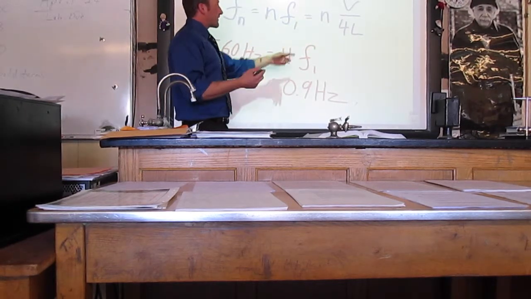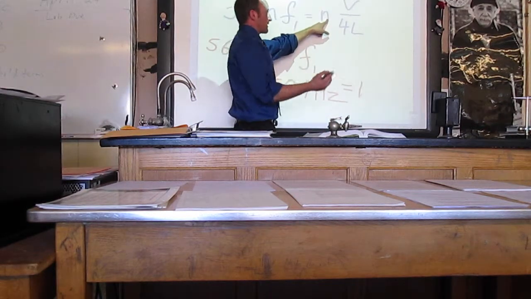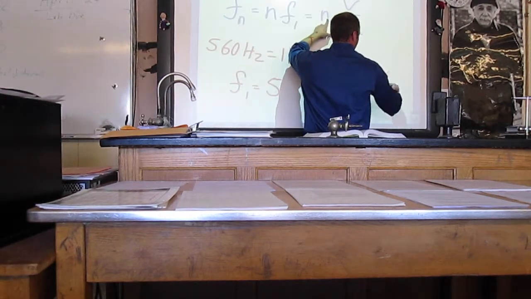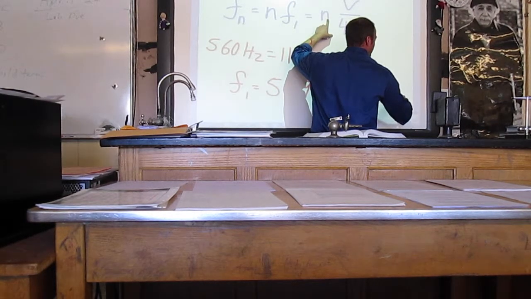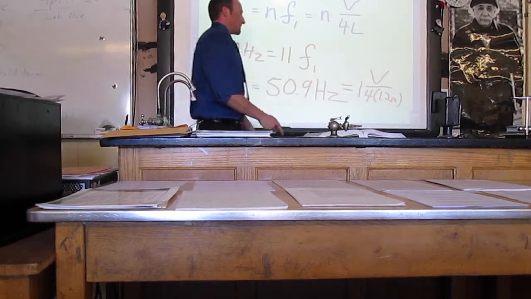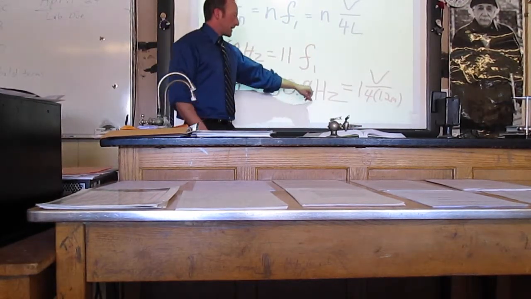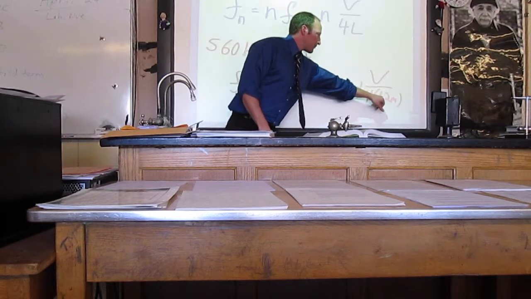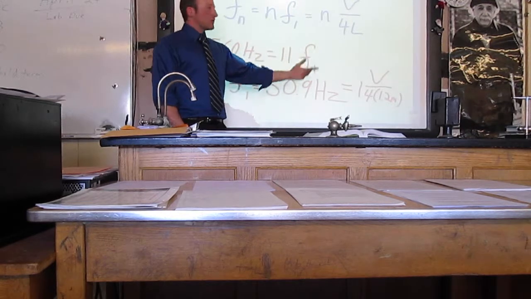So for the first fundamental frequency, we put 1 in for n. Okay, great. We're looking for our velocity, 4 times our length, which was 1.2 meters. So our 1 is not a big issue. We're going to multiply 50.9 hertz by 4 times 1.2, and that will give us our velocity.